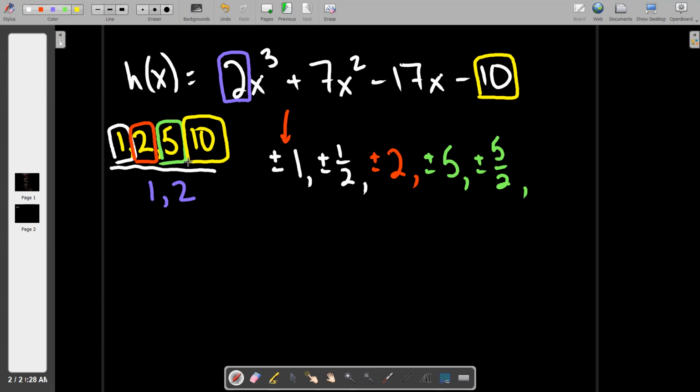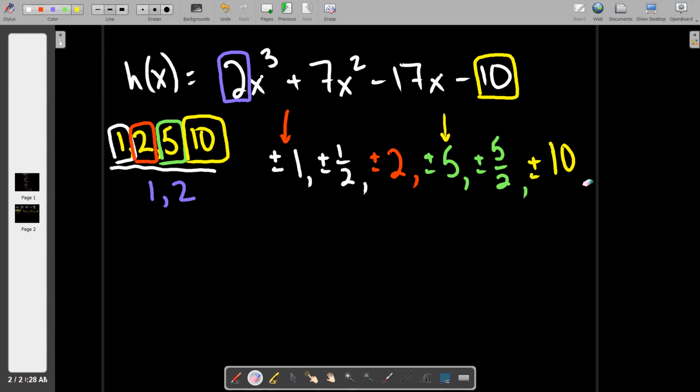So the 10 is now up to bat. What are its possible combos? Positive and negative 10/1, which is just 10. And what's the other one? Positive and negative 10/2, which is positive and negative 5, which is already on the list, so I'm done. Don't write down redundancies unless you really want to for some weird reason.